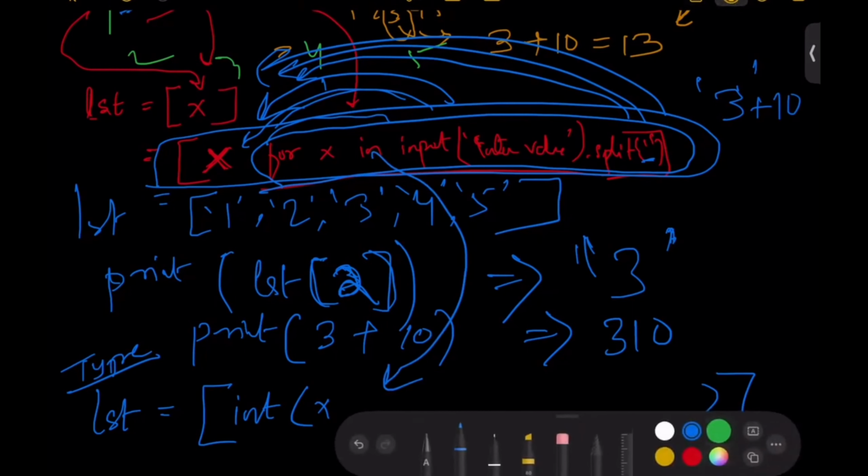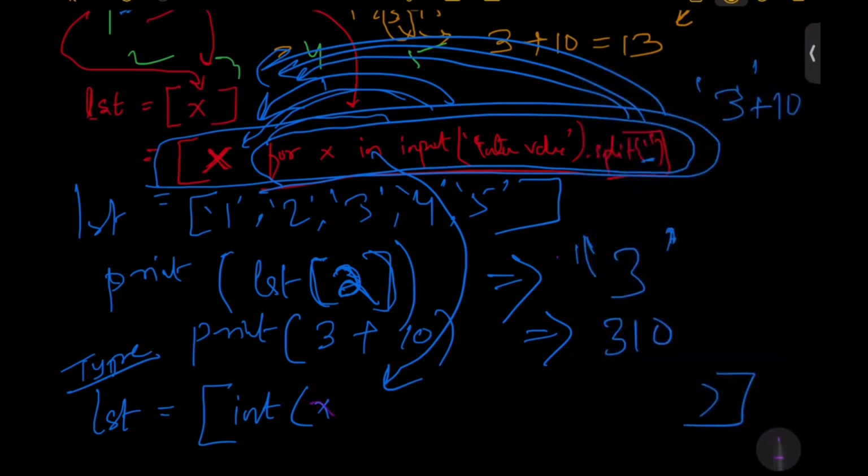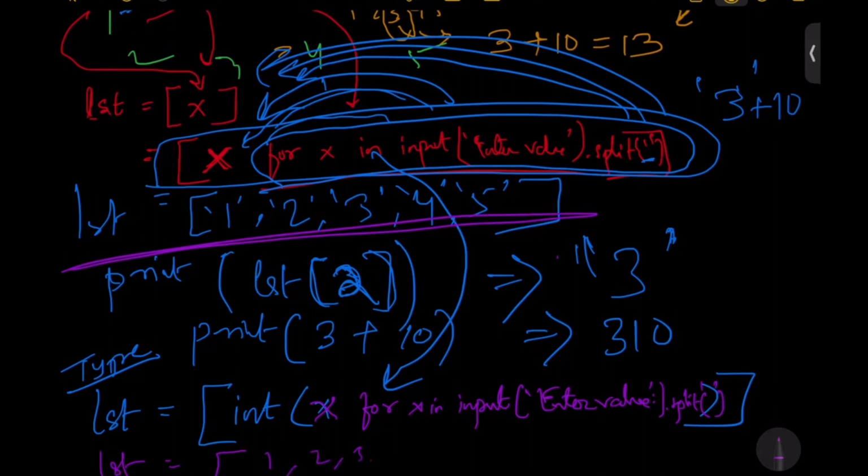x for x in input, enter values dot split. You got it, right? Earlier it was giving you a list of strings. Now it will give you a list of integers: 1, 2, 3, 4, 5.